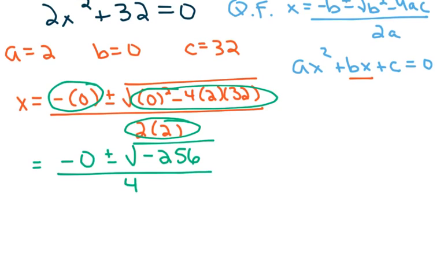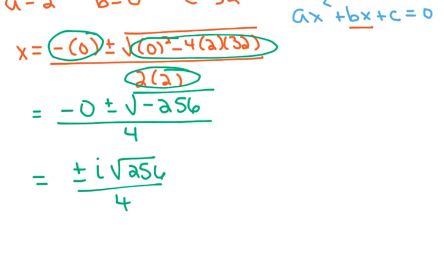All right, so the square root of negative 256 is going to be an imaginary number. So let's take the square root of 256. I bet the square root of 256 is a perfect square. It's going to be 16. So plus or minus 16i over 4. Well, 16 divided by 4 is 4, so the answer must be plus or minus 4i.